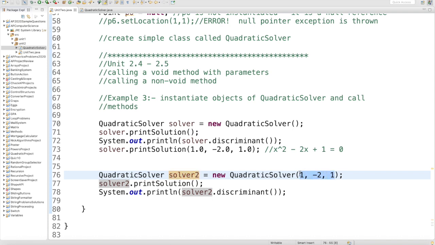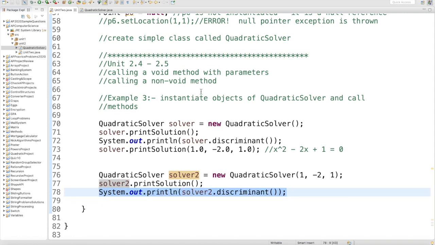These are integers, but because of widening conversions from 4 bytes to 8 bytes, it's okay. The system turns these into doubles for us. And then when we ask it to print the solution, we realize the print solution has some way of setting up those variables and using those variables to print. The discriminant happens to be 0, and we saw all of that.